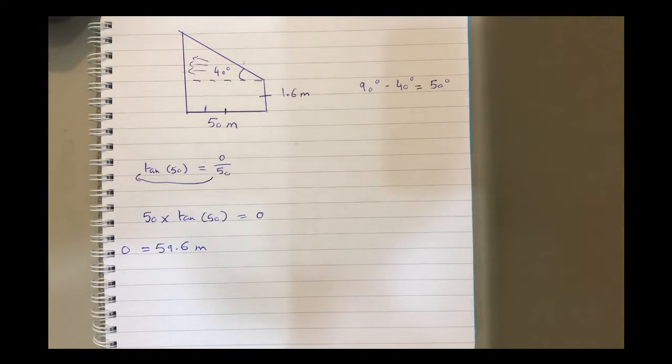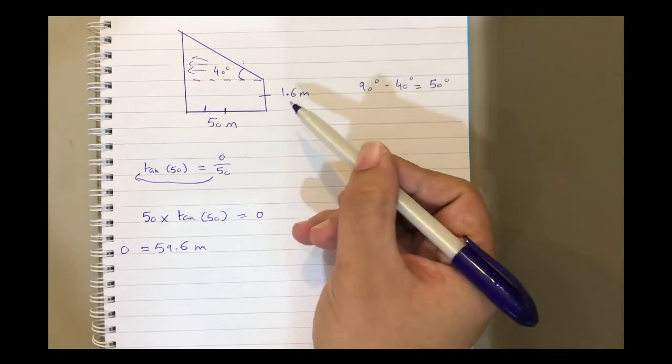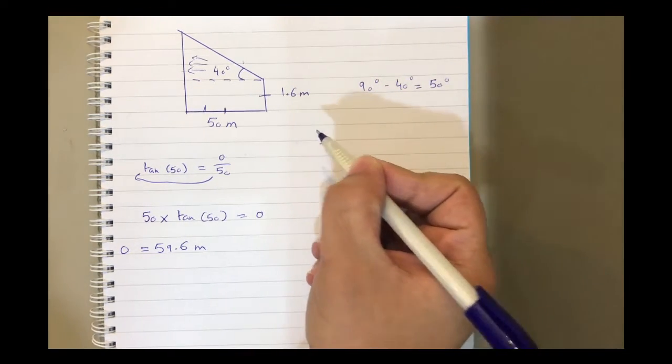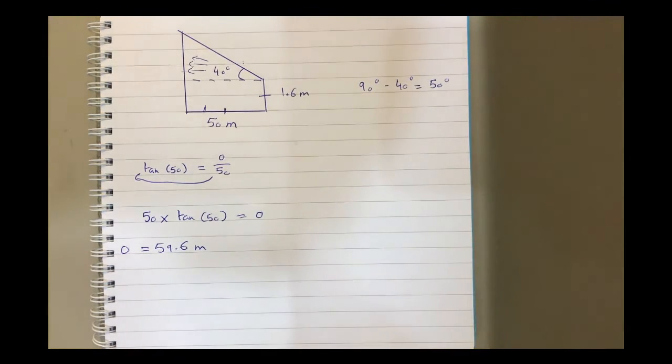So now that we have the unknown height of the building, which is the upper part above the eye level, our missing part is the lower part of the building, which should be measured from the eye level to the ground. So our ground level is 1.6 meters, or the base.